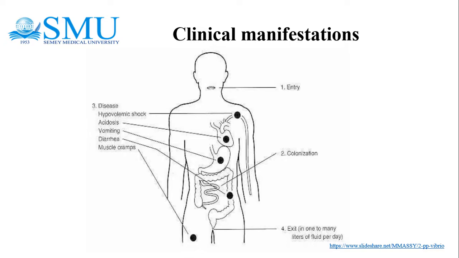It often resembles the water in which rice has been washed. Vomiting may be present, but fever is usually absent, and muscle cramps may occur due to electrolyte imbalance. The complications are directly proportional to the fluid loss, which results in loss of body weight.